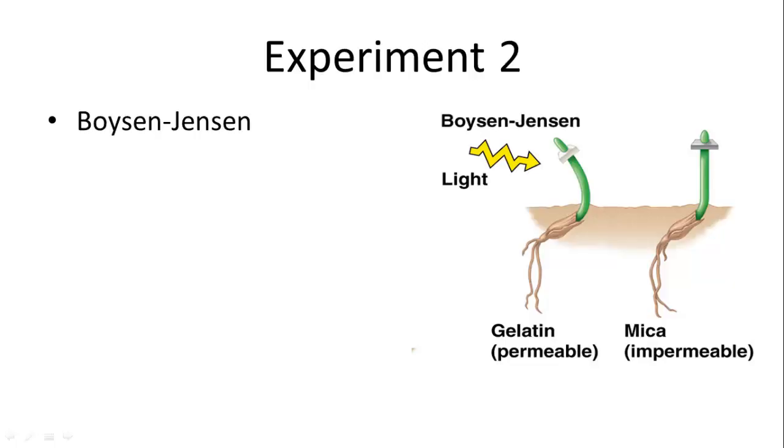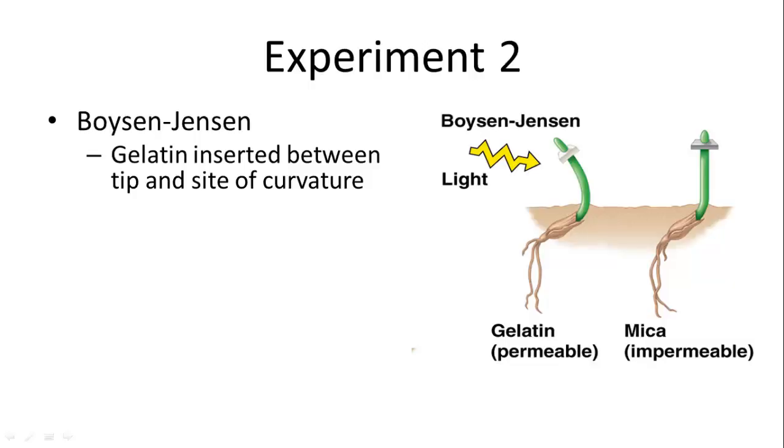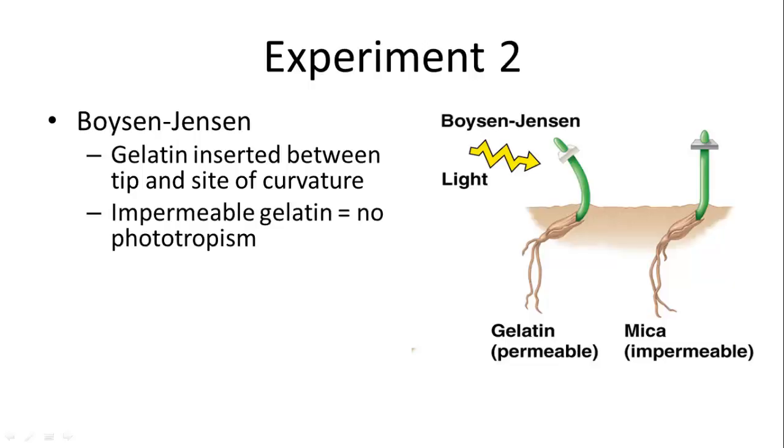So a follow-up experiment to this was done by Boysen-Jensen. What they did is they cut a tip, and then they put a gelatin in between the tip and the rest of the coleoptile. And they used two different types, an impermeable gelatin and a permeable gelatin.